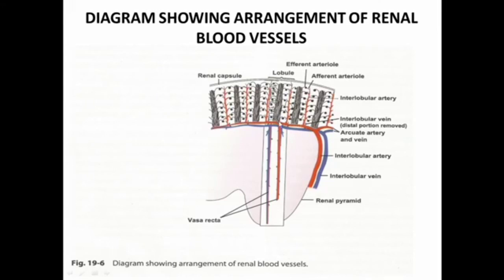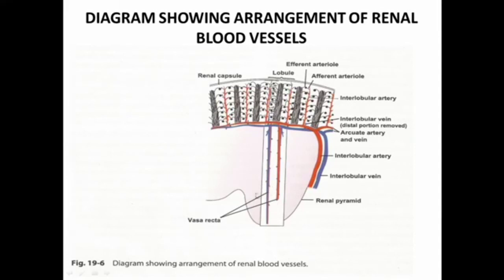Instead, they pass into the medulla as straight vessels, and on coming down, they give rise to small hairpin-turn type vessels, and it is going to join this vein. Both these systems, the arteriole recta and the venule recta, in combination are called the vasa recta.